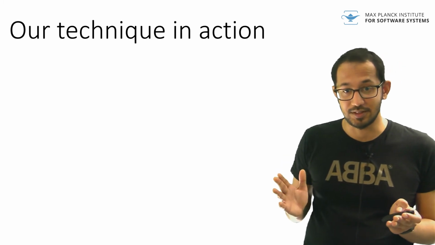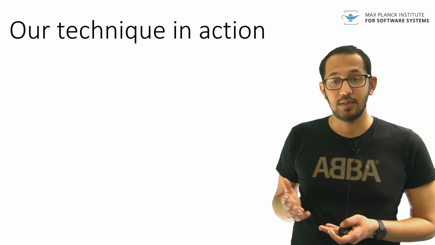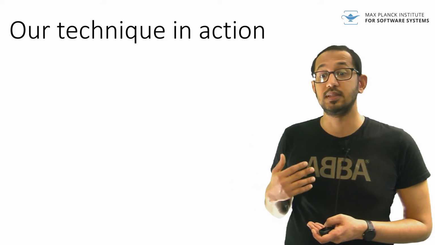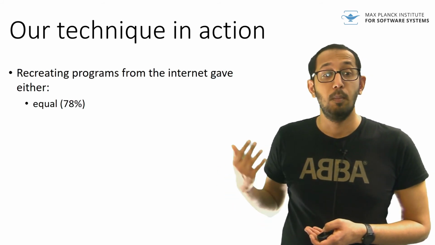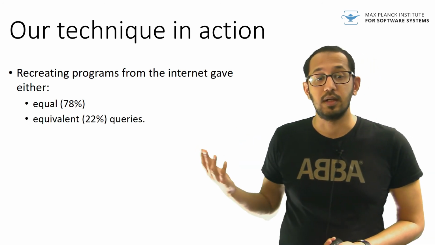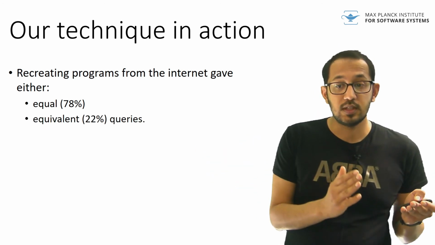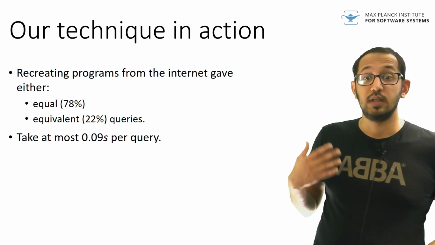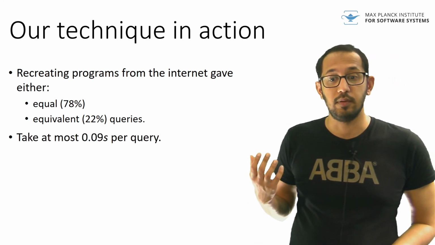Let's look at some numbers now. In our experiments, we found that our technique synthesizes the exact queries programmers themselves would come up with most of the time. And if not, we produce something equivalent, meaning there is no difference between the two queries. Of course, we need to be quite fast. We're working with the GUI.